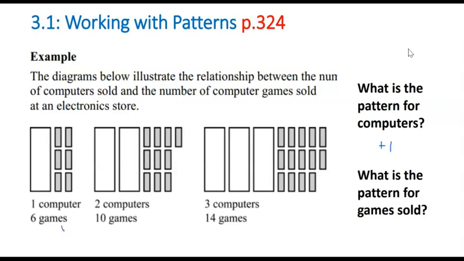We can see that we are going up by 4. 6 up to 10, and then 10 up to 14 is a +4 pattern. So the pattern for computers is a +1 pattern, whereas the pattern for games is a +4 pattern.